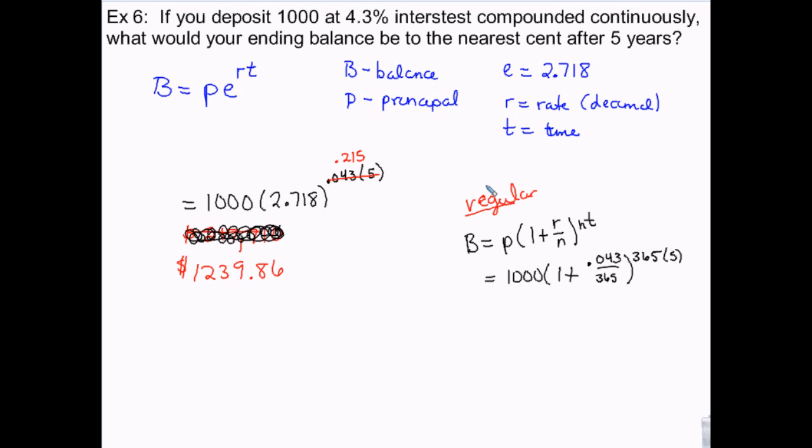So I'm doing daily compounding, just for comparison. So infinite numbers of compoundings in 5 years, or 1 time a day for 5 years, gives you a whopping 2 more cents.